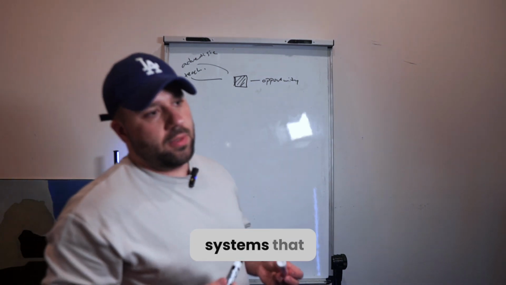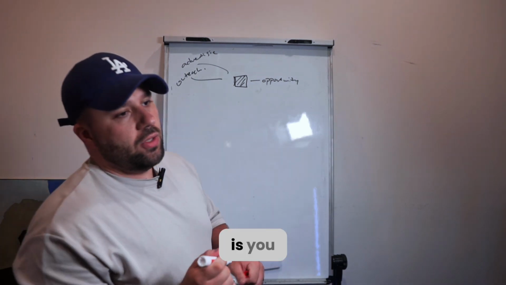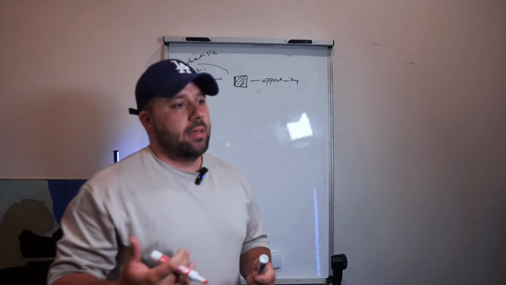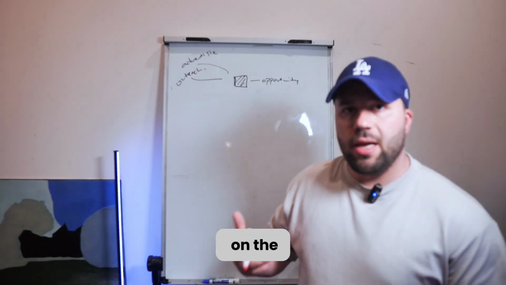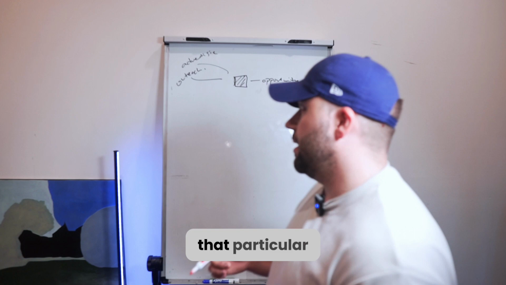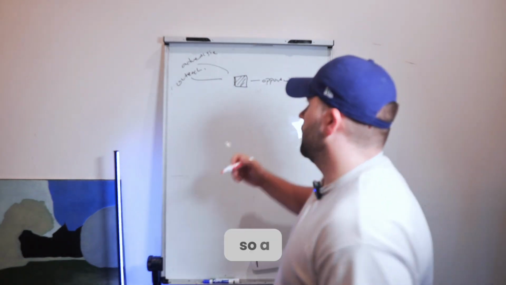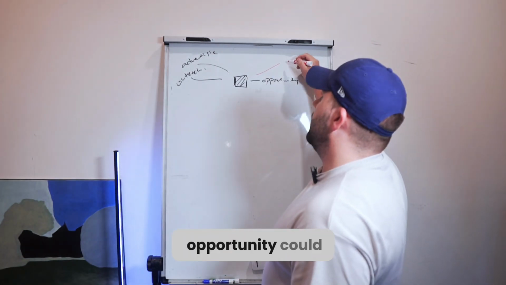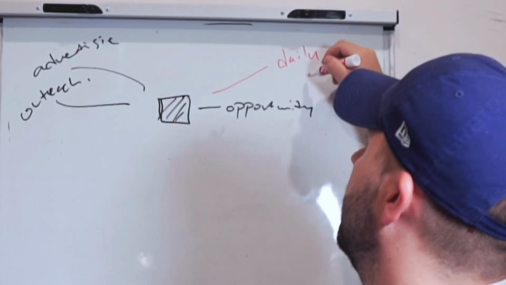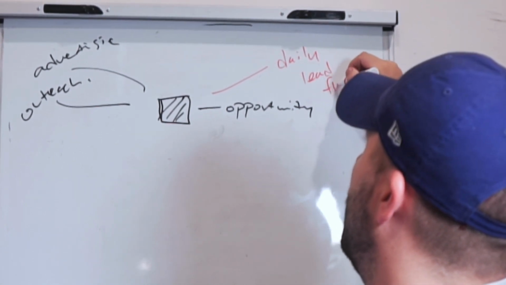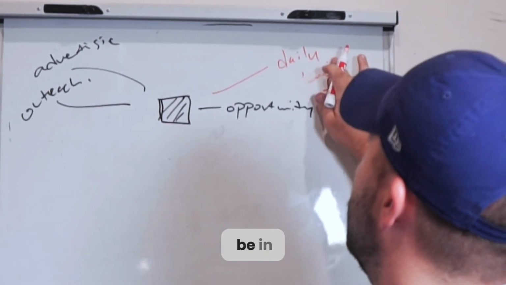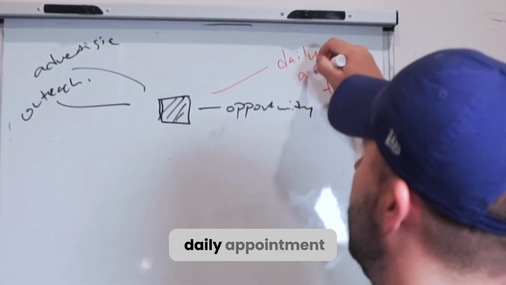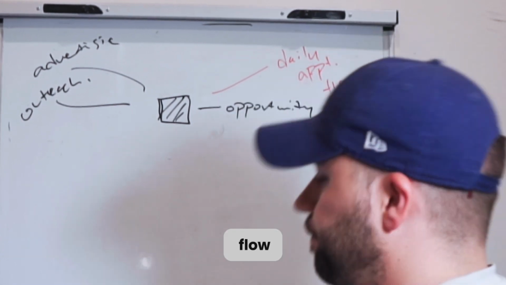With each of the systems that you're going to build, you need to have a KPI so that you know you're on the right track. A KPI for opportunity could be daily lead flow, or in our business, daily appointment flow.